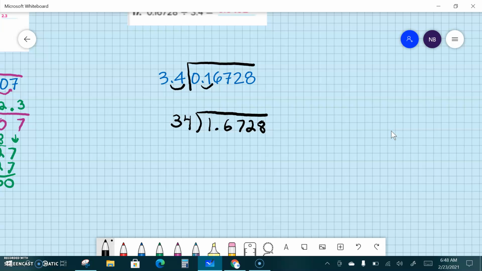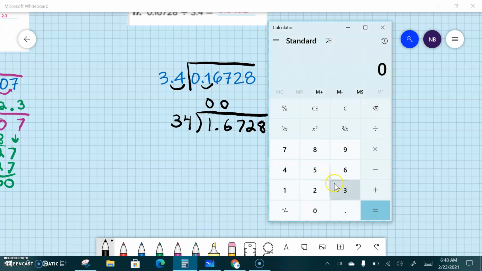All right, 16 is too small for 34, but 34 can go into 167. So let's get a calculator and let's try 34 times 4. Okay, that's close. Times 5, 170 puts me over, so I'm going to use 4. 34 times 4 is 136.